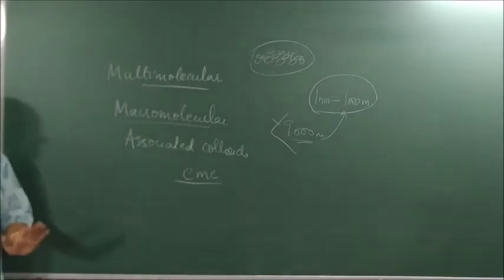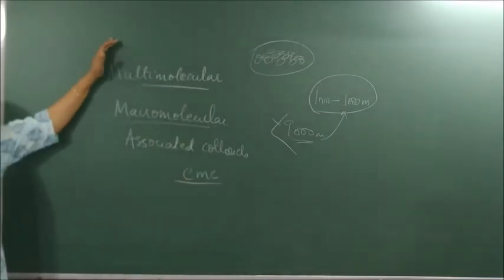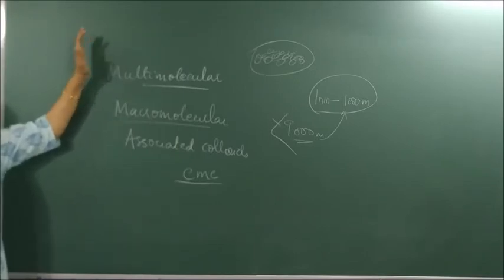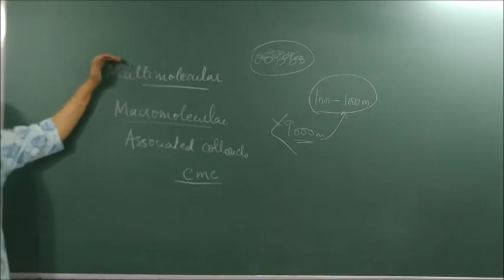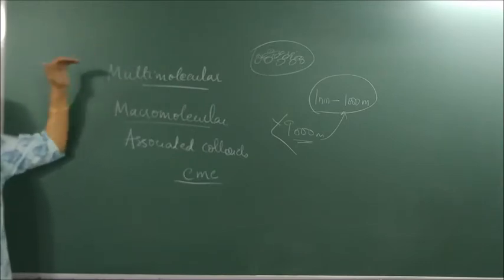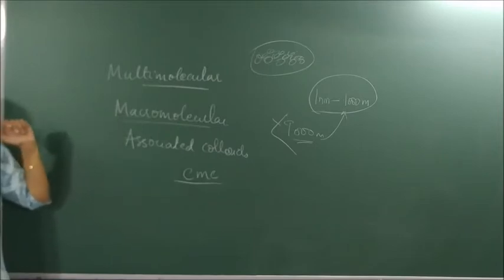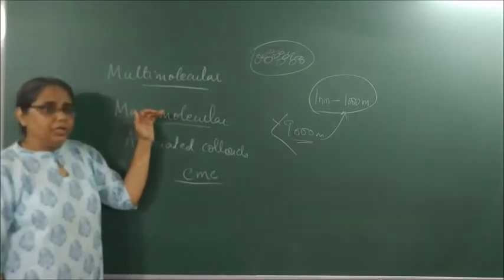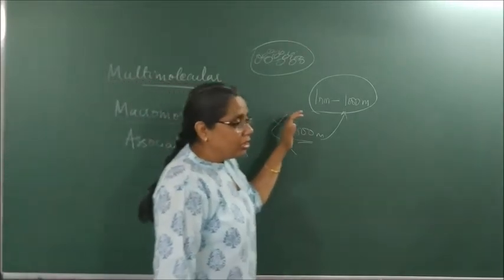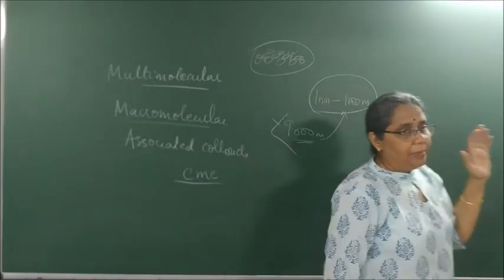Am I clear? First thing, multimolecular colloid, when the particles which are smaller in size arrange themselves layer by layer to form particles of colloidal size. Macromolecular colloids, when a large particle of suspension breaks down into particles of colloidal size, it is called as what colloid?